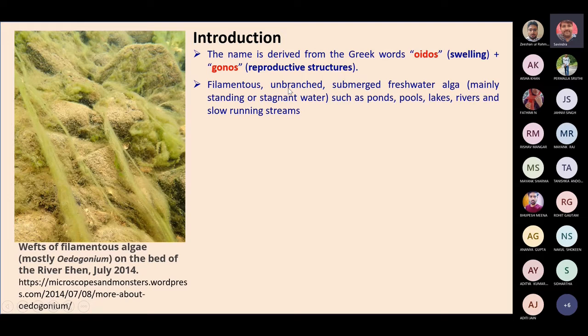It is a filamentous, unbranched, submerged freshwater alga. You can predict that if it is a freshwater pond or lake where the water current is almost negligible, meaning standing water or where the stream flow is very low, then this is the area from where we can collect Oedogonium. It is easily identified by characteristic scars at the apical end of certain cells, which are known as cap cells.